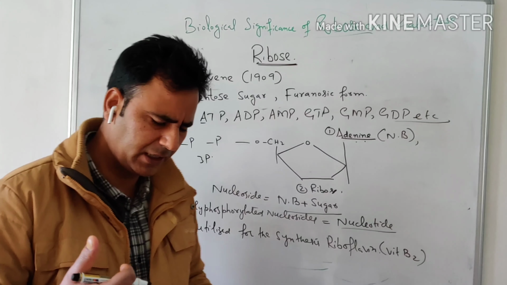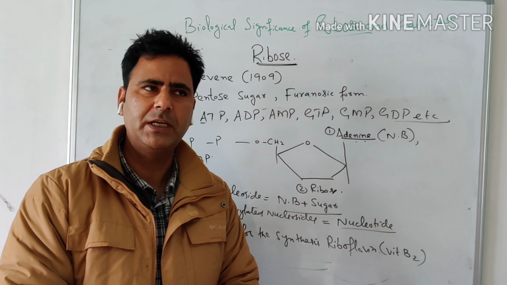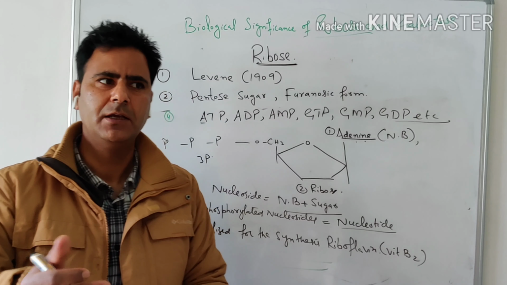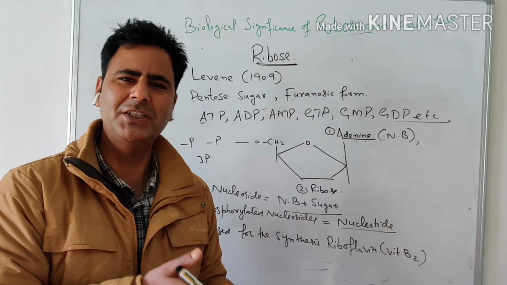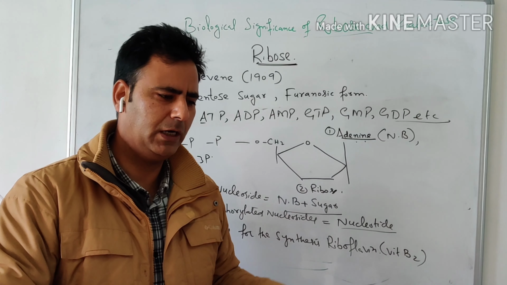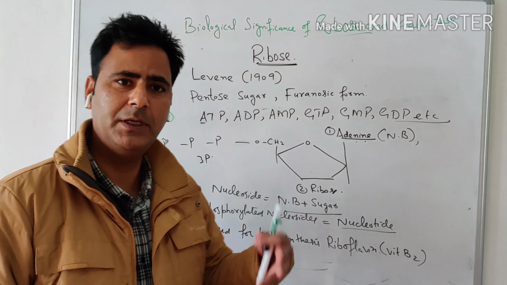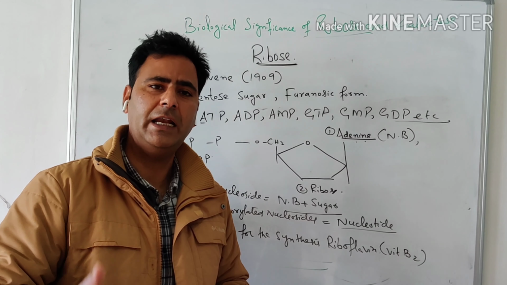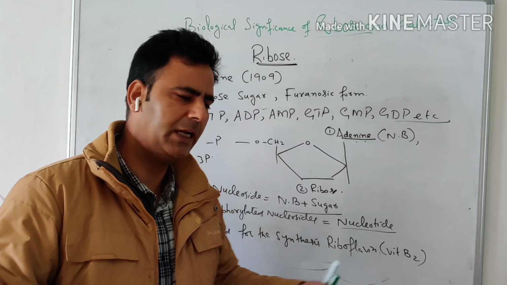Because this has some link with the ATP. This has a link which is attached to the formation of energy-rich compounds like ATP, GTP, right? So we can say this ribose can be used for increasing the athletic performance and increasing the muscular energy, for increasing the endurance of supporting activity.